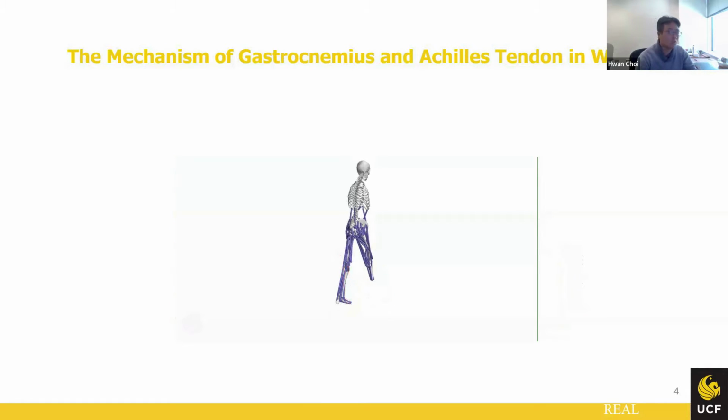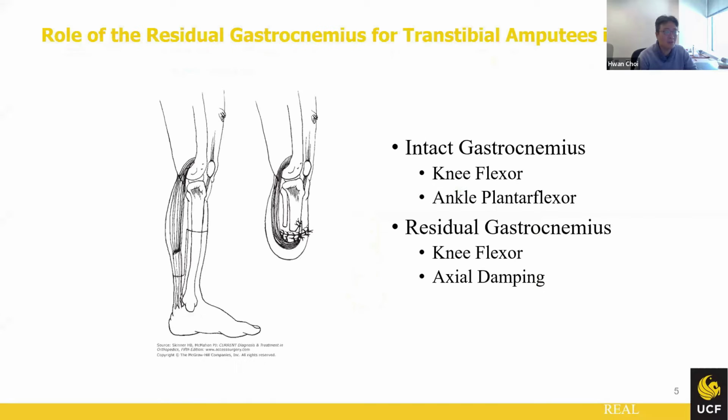But unfortunately, for lower limb amputees, especially below knee amputees, the calf muscle and Achilles tendon are mostly gone, and only the gastrocnemius, which is the calf muscle, remains. And then when they walk with the prosthesis, the residual muscle will play different roles compared to the intact muscle. And this is the question: how is the muscle going to contribute to walking?